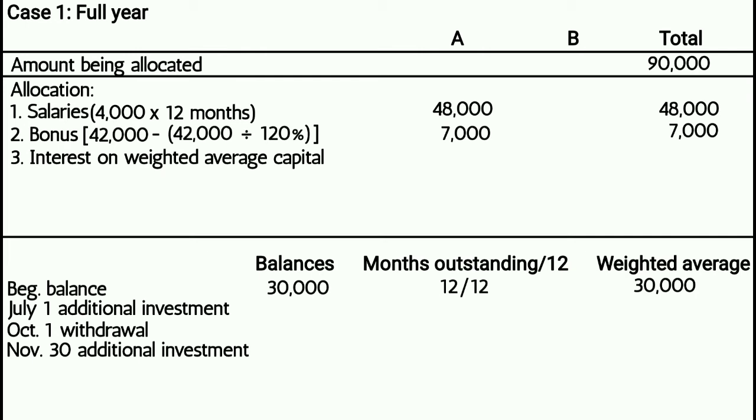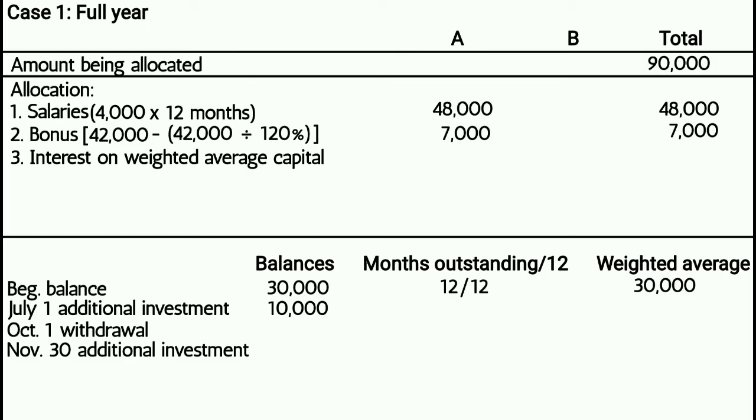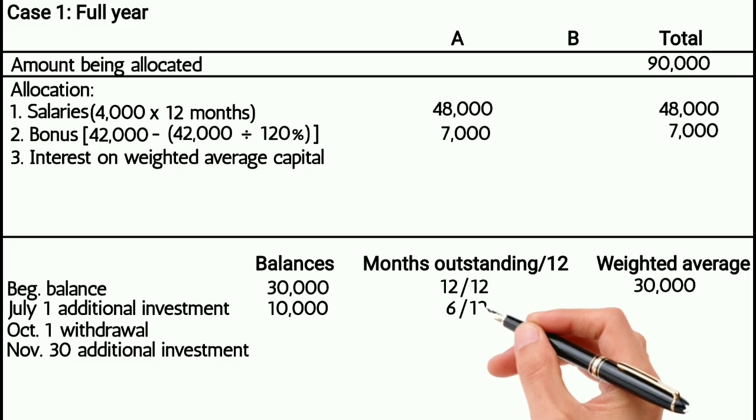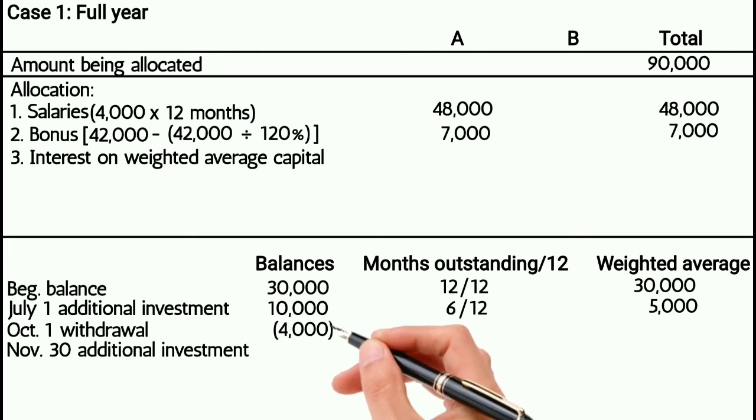On July 1, there is an additional investment of 10,000 pesos. Ang months outstanding from July 1 to December 31 ay 6 months. That's why imumultiply natin yung 10,000 pesos sa 6 over 12. 10,000 pesos times 6 over 12, that is equal to 5,000 pesos. On October 1, may withdrawal na 4,000 pesos.